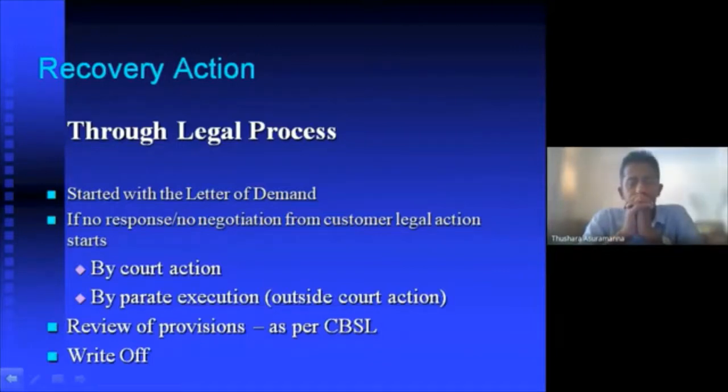That is some of the activities available for a bank.